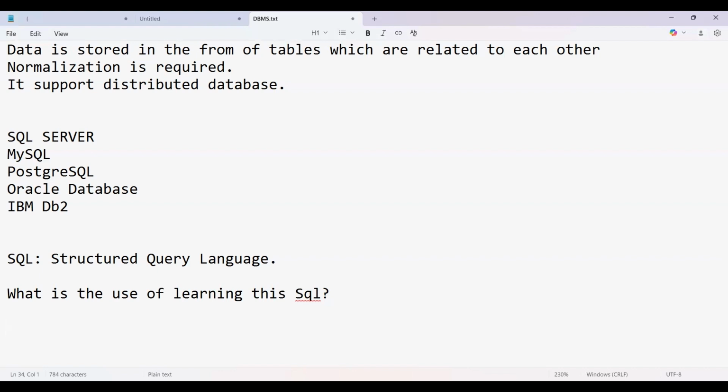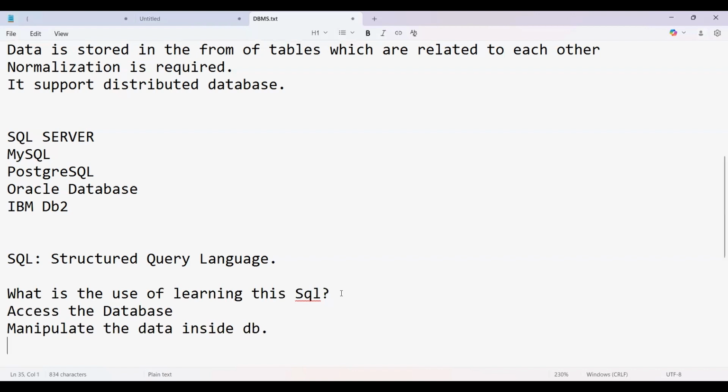If you want to access the database, and if you want to manipulate the data inside the DB, access is nothing but a read.